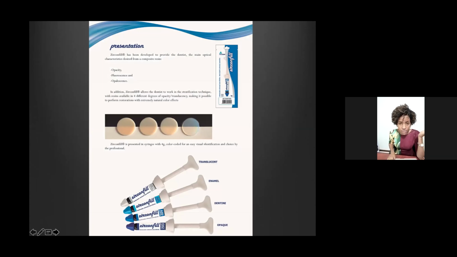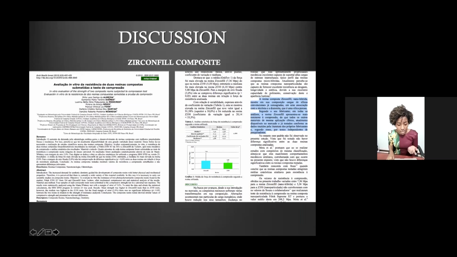We are going to see a few studies that I found speaking about Zircon composite. And in this slide, we are showing that the Zircon nanohybrid composite resin shows in its composition a differential, that is diatomite.